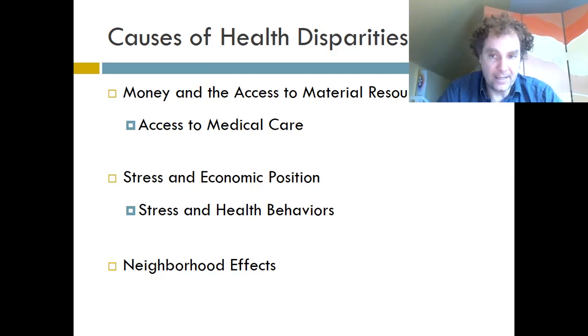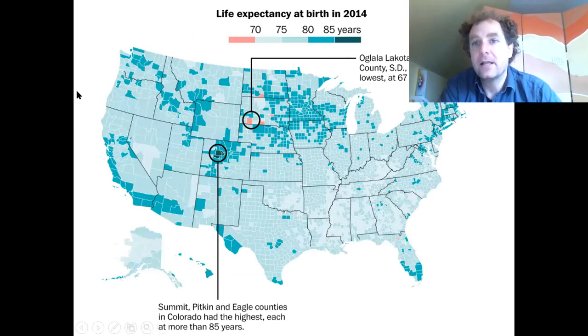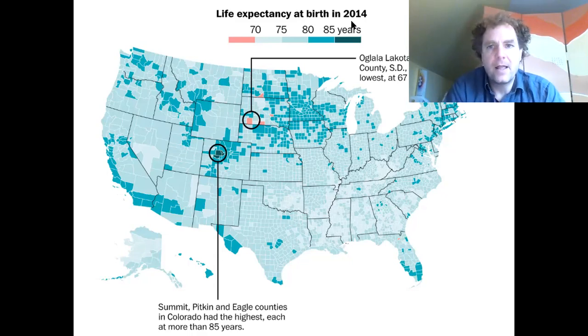And so the idea here is that these neighborhood effects, living in a better or worse neighborhood, is not going to just affect the quality of the neighborhood you live in, but is going to affect your health, right? And so what we can see here is that people's life expectancy varies greatly in America based on where they live. And so here's a huge gap in the life expectancy of Americans, a gap of nearly about 20 years, right?